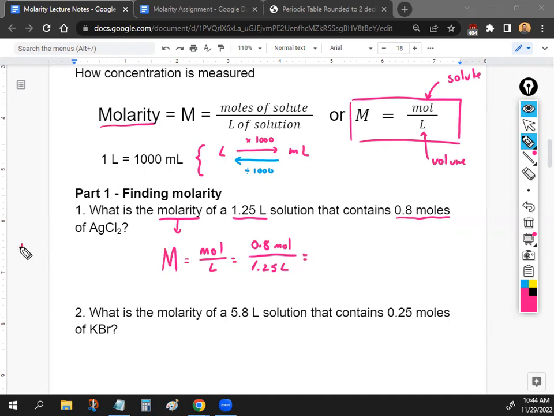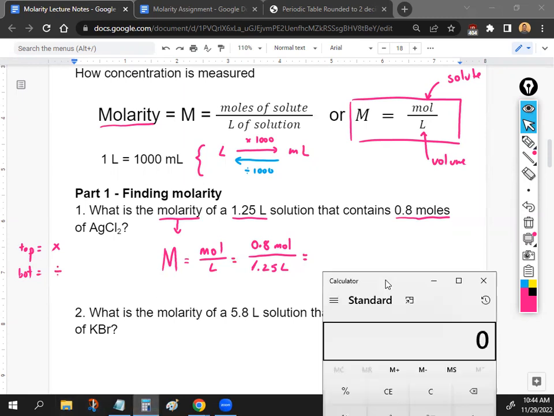I know it's been a long break, but hopefully you remember that everything on the top we're going to multiply, but everything on the bottom we're going to divide. We're going to start with the number on the top, 0.8. There's nothing else on top to multiply with, so we can ignore that. And we're just going to divide it by 1.25 on the bottom. And there you go.